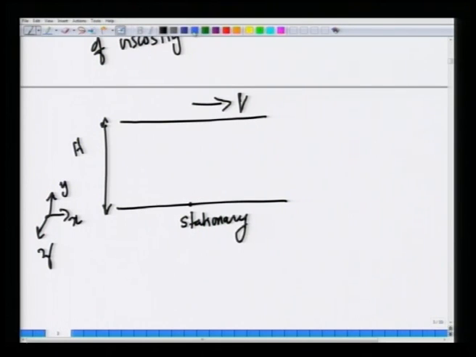Okay. So, if you consider a tiny volume element, okay, remember that z is going outside into the board. So, essentially this volume element will look like this, into the z direction, the z direction is going into the board.